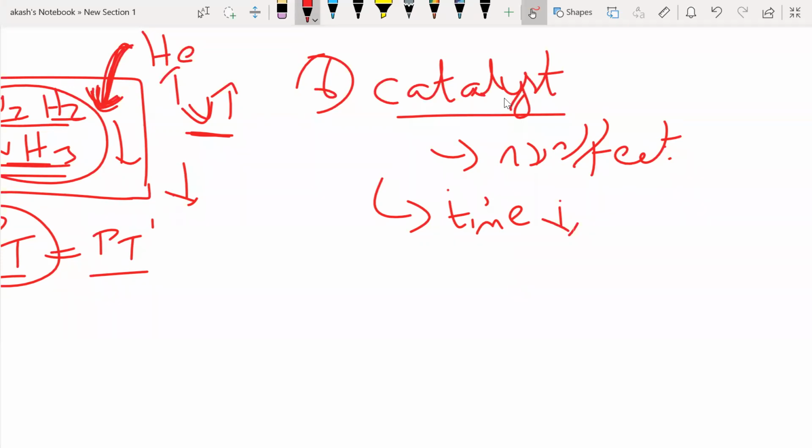Only the time taken for the reaction to reach equilibrium will change depending on what kind of catalyst you have. You can either have activators or poisons. Activators will increase the rate of the reaction, poisons will decrease the rate of the reaction, but generally a catalyst will only increase the rate of the reaction. So the time taken for the reaction to reach equilibrium will be decreased.